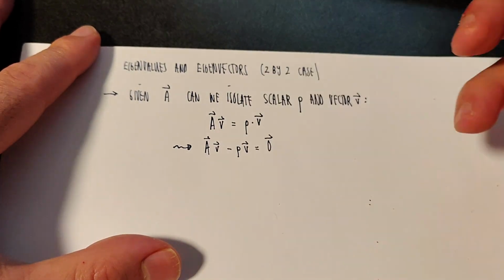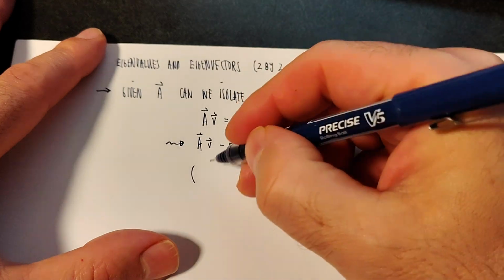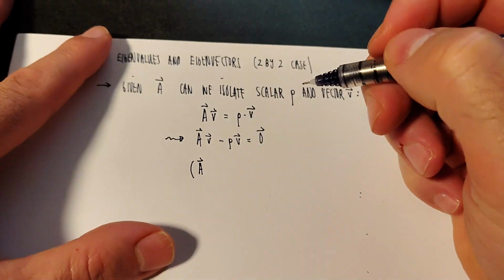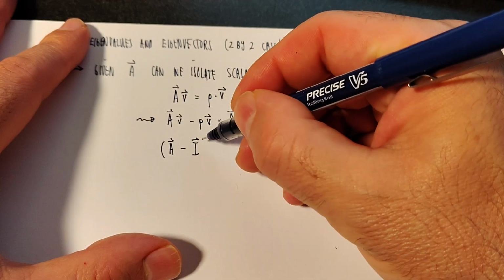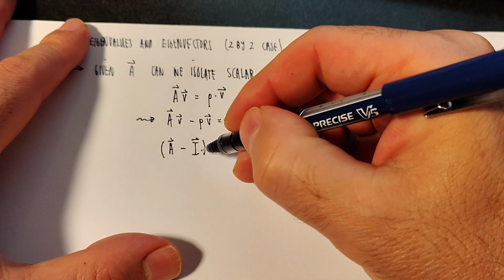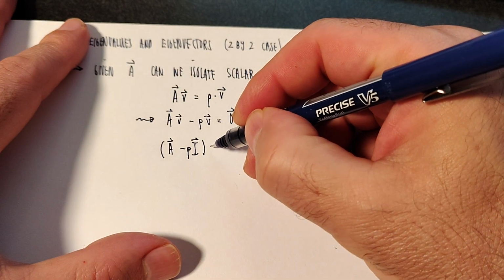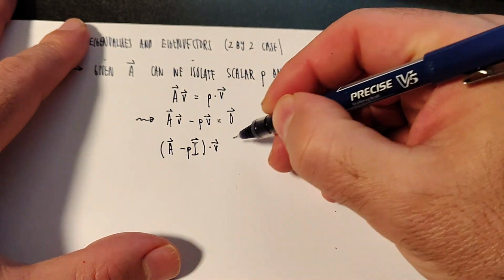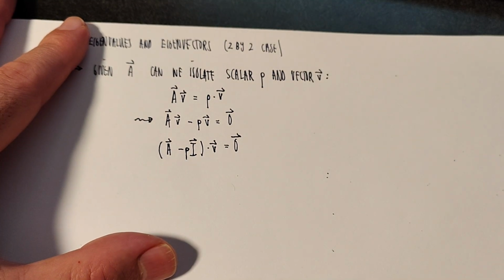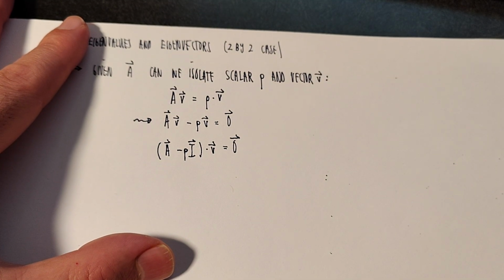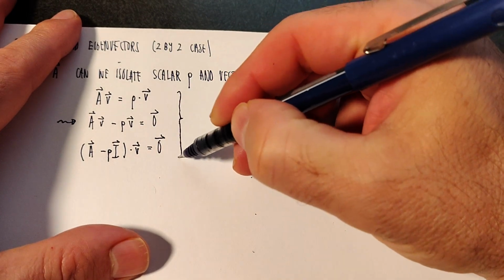Using basic algebra, let's factor the v out, and we'll have the matrix A minus rho times the identity matrix, times the vector v, equal to the 0 vector.